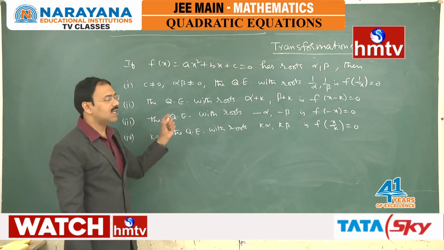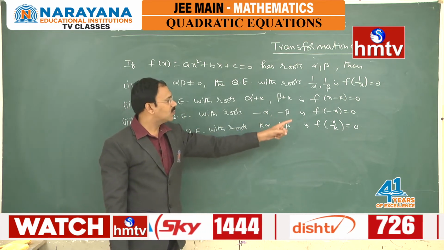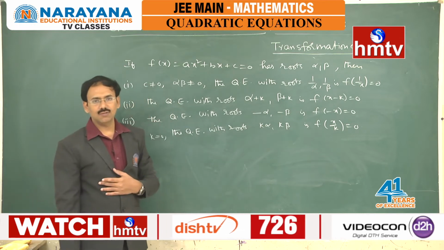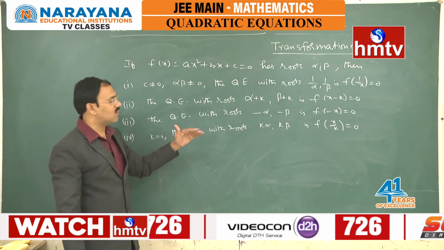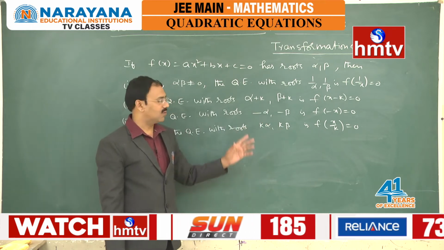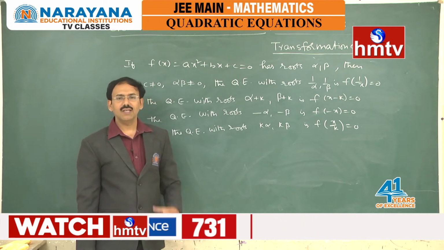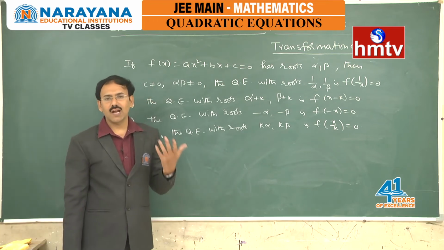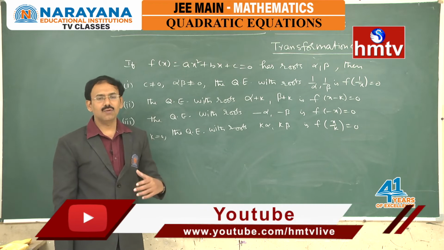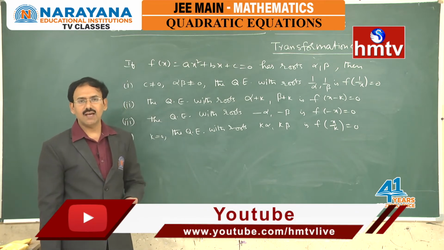The quadratic equation with roots minus alpha, minus beta is going to be f of minus x equal to 0. The quadratic equation with roots k alpha, k beta, where k is different from 0, is going to be f of x by k equal to 0. In this way, when the roots are transformed, without finding the roots again, we can simply find the transformed equation directly.